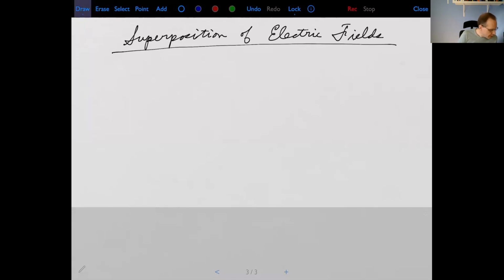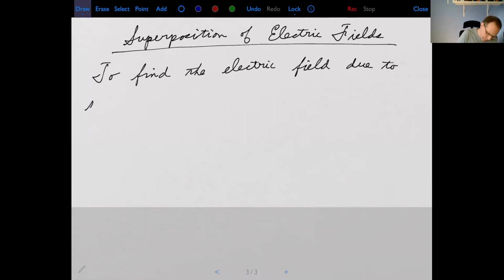To find the electric field due to several charges, you find the electric field due to each charge.